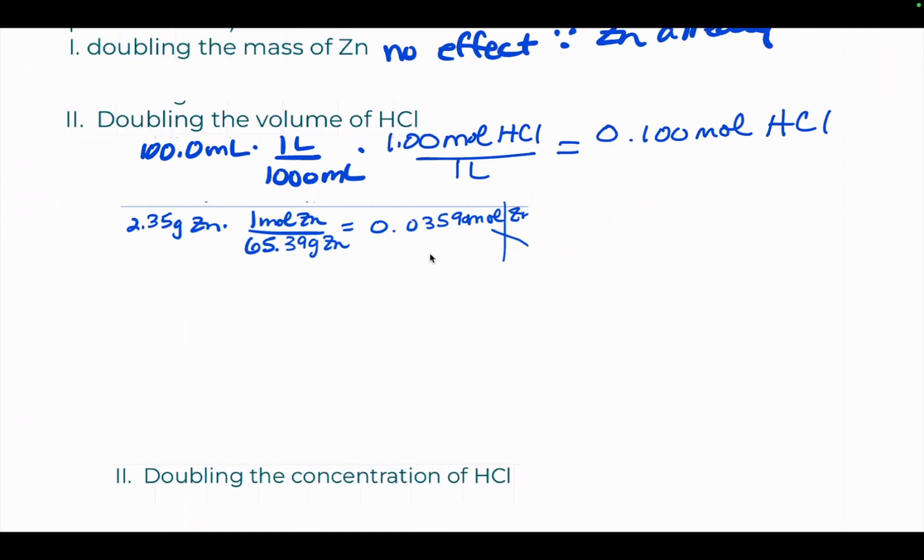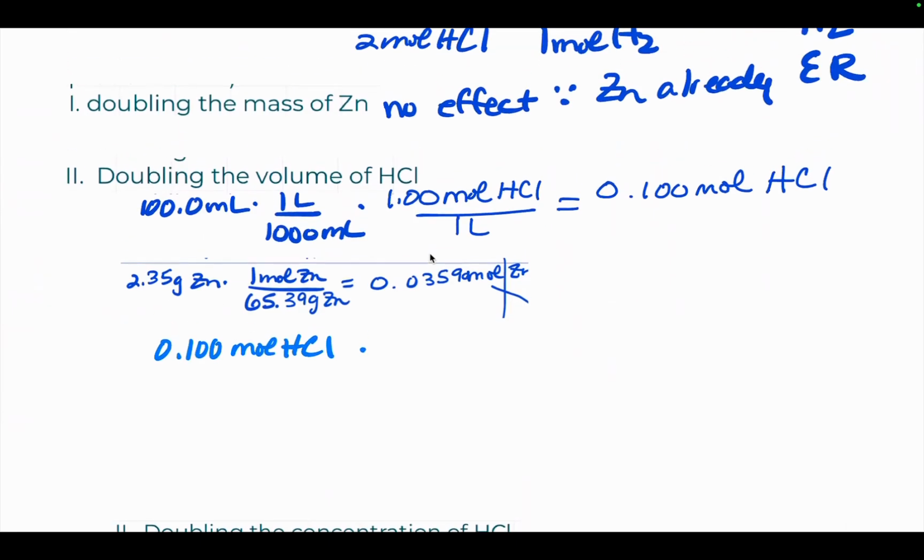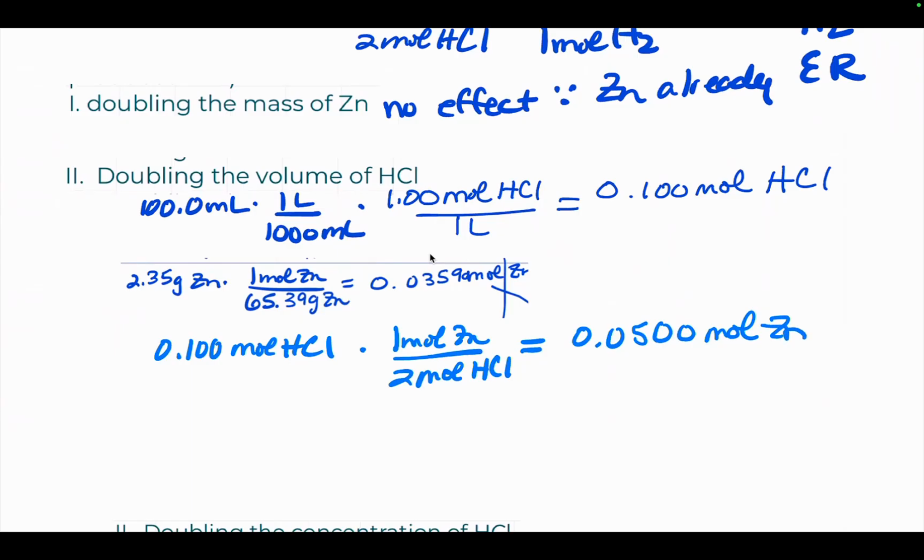So I am going to take my moles of hydrochloric and convert to moles of zinc. 1 mole of zinc for every 2 moles of hydrochloric. So that gives me 0.0500 moles of zinc would be needed in order to react with all of this new double volumed hydrochloric.